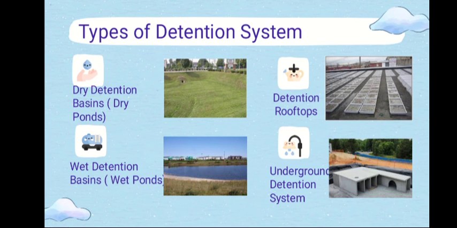Now, the last type of this detention system is what we call the detention rooftops. These are designed to hold stormwater temporarily on building rooftops before releasing it to drainage systems. This is suitable for dense urban settings.